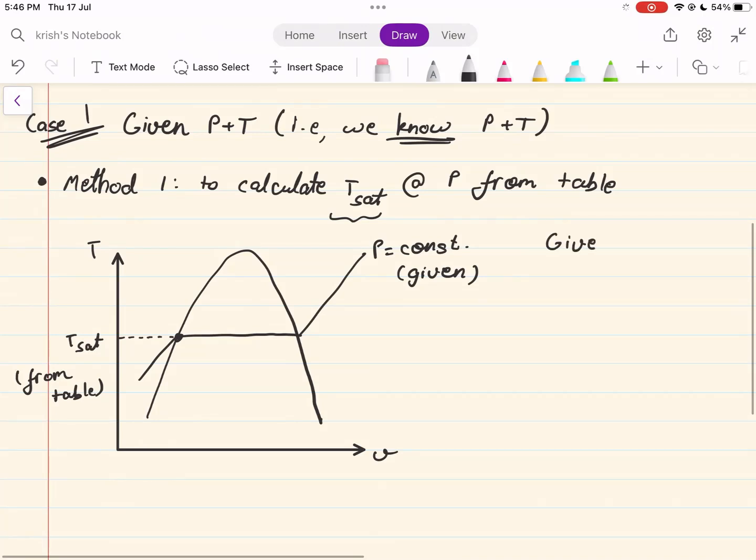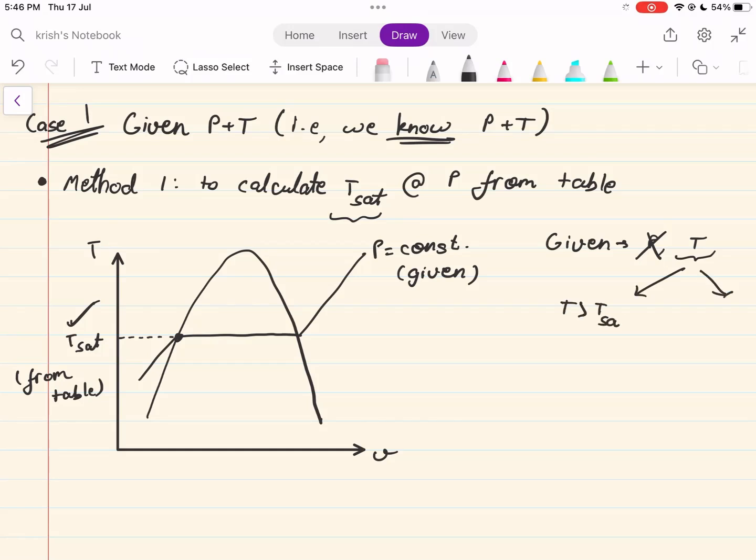So what is the data that we have been given? We have been given pressure, temperature. Pressure data we have used to find the Tsat, and now the only thing remaining is the temperature. There can be two outcomes here. T can be greater than Tsat, or T can be less than Tsat, or T can also be equal to Tsat, in which case it will be lying here, but we'll see that in the end.